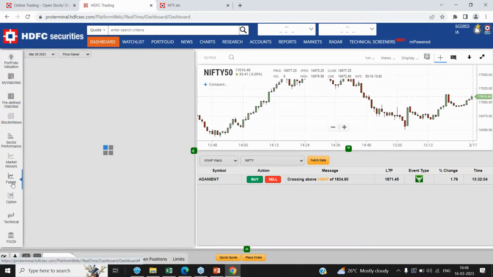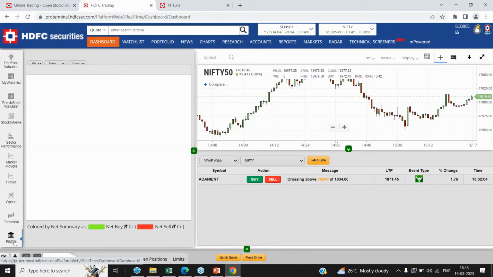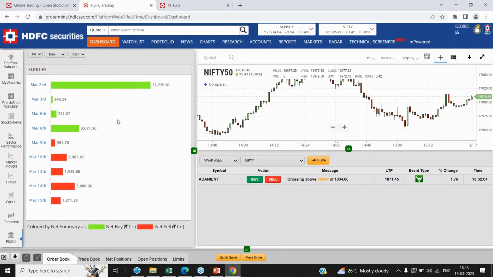You can check futures, options, technical futures, and even DIIs and FIIs, what they are buying and selling, meaning the value. This is an advanced platform which helps investors to check, learn, and make money from the stock markets, I would say.